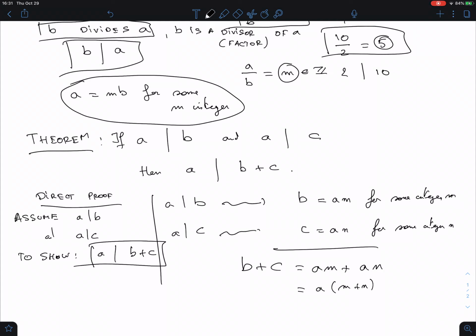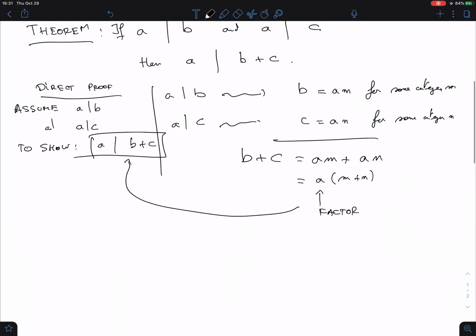This is the factor. Now here you see A is a factor of B plus C, which exactly means this. Okay, all right. And there are many other things. I'm going to leave some of them as homework for you to explore and to try out.